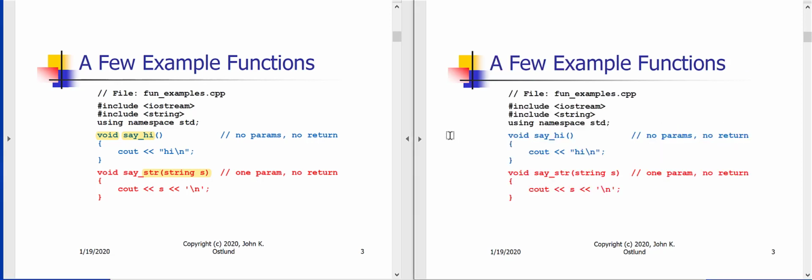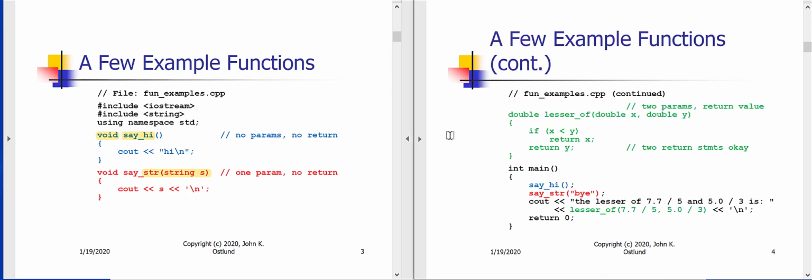On the next page, we have a third function being defined called lesserOf. Now this function expects to receive two arguments that it will store in these parameter variables x and y. x is a double, y is also a double. And notice that when this function is done, it also will return a double as its result.